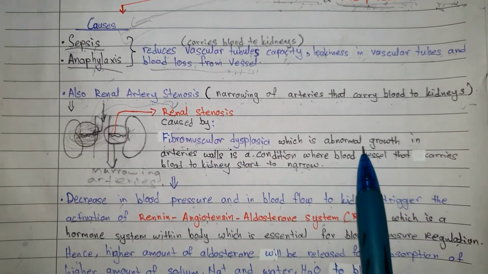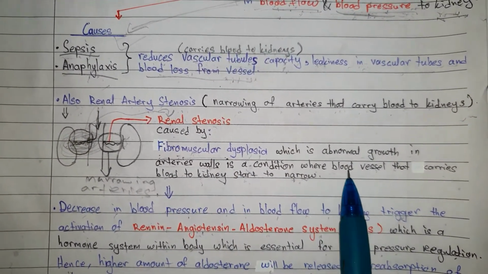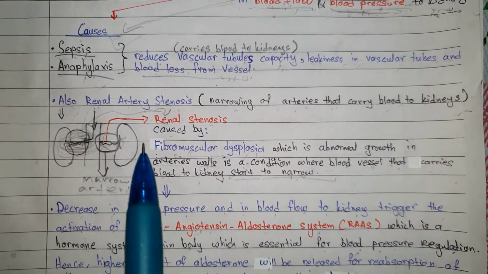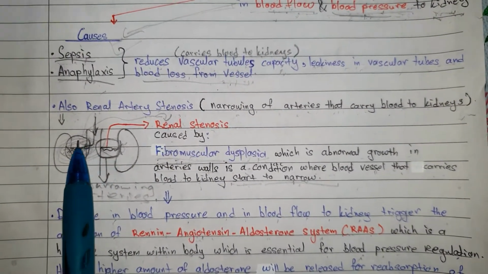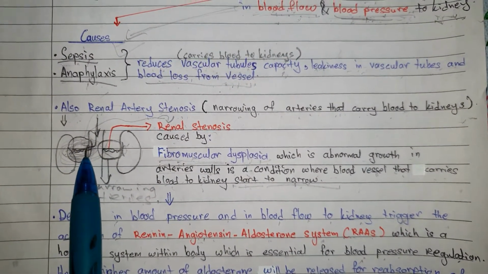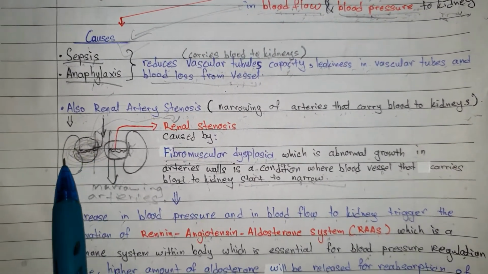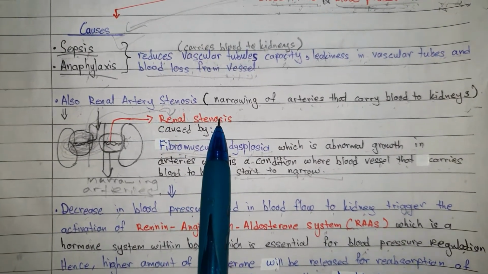Fibromuscular dysplasia is an abnormal growth in artery walls. It's a condition where the blood vessel that carries blood to the kidney starts to narrow. So whenever there is fibromuscular dysplasia, there is an abnormal growth in the artery walls that reduces the diameter of the arteries that carry blood to the kidney. This is one of the causes of renal artery stenosis.